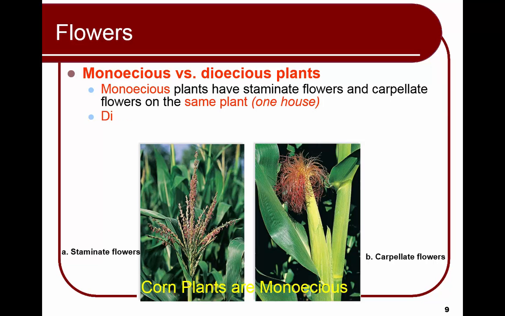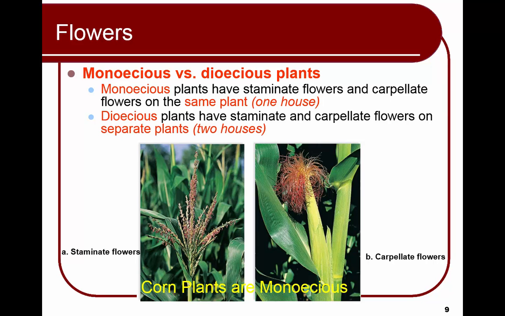The dioecious have them on separate plants, 2 houses. Corn plants are monoecious. You see the tassels that come out, those are the staminate flowers. And then the silk on the end of the corn, that's the carpellate flower. So a corn plant is monoecious.